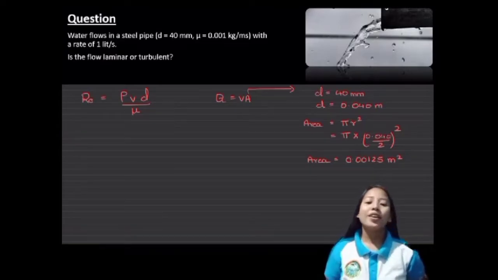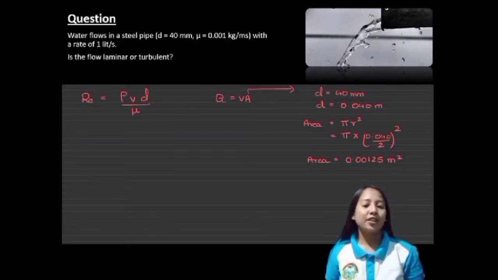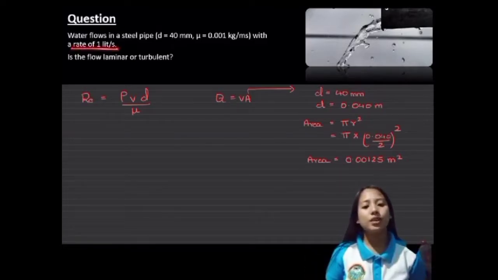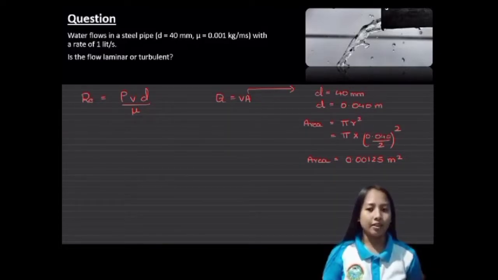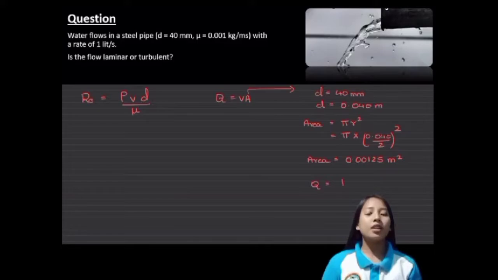Now that we know the area, you can see that the flow rate is given to us in liters per second. Again, I'm going to convert that into meter cube per second. Q equals 1 liter per second, dividing that by 1,000 will give us 0.001 meter cube per second.